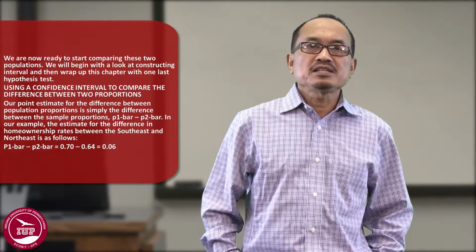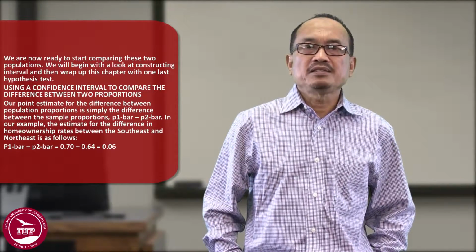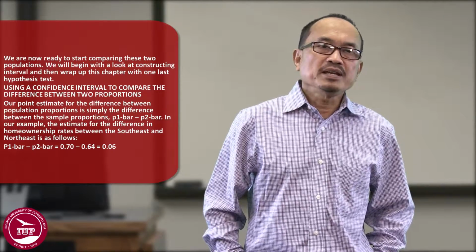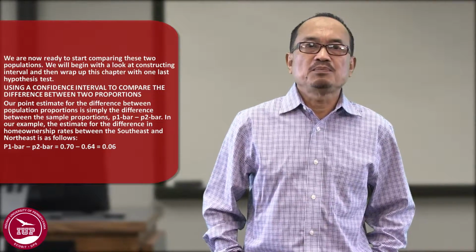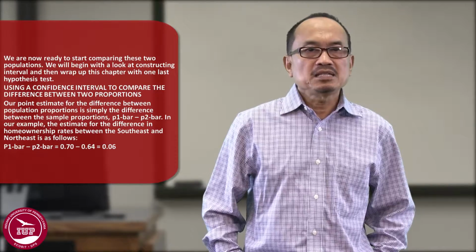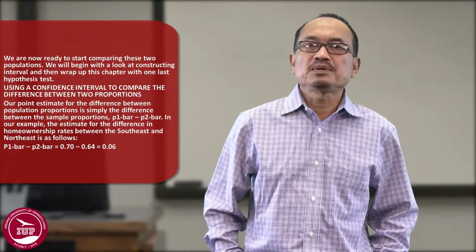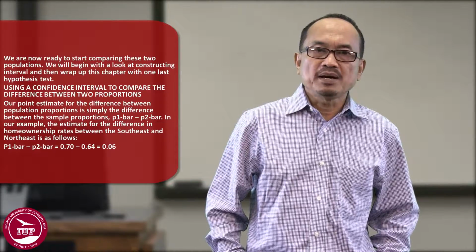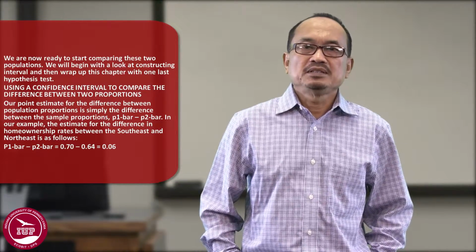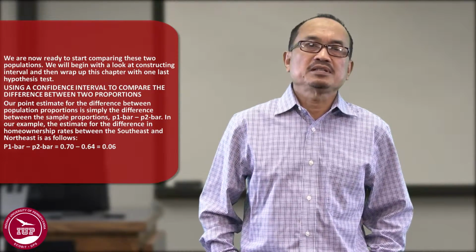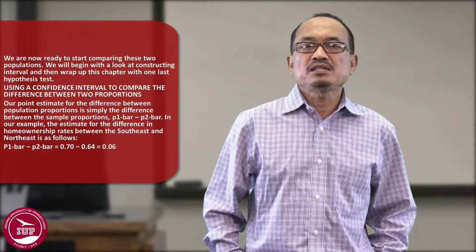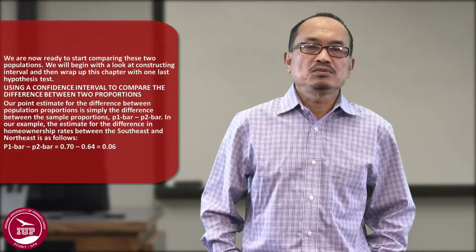Using a confidence interval to compare the difference between two proportions. Our point estimate for the difference between population proportions is simply the difference between the sample proportions, P1 bar minus P2 bar. In our example, the estimate for the difference in home ownership rate between the Southeast and Northeast is as follows.